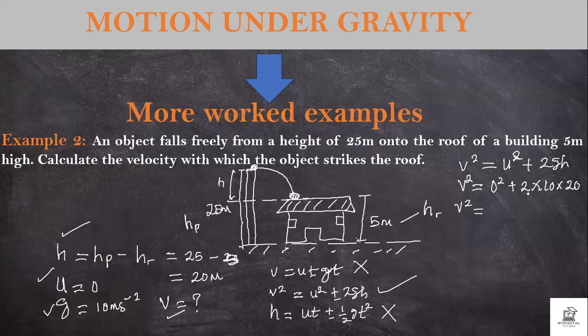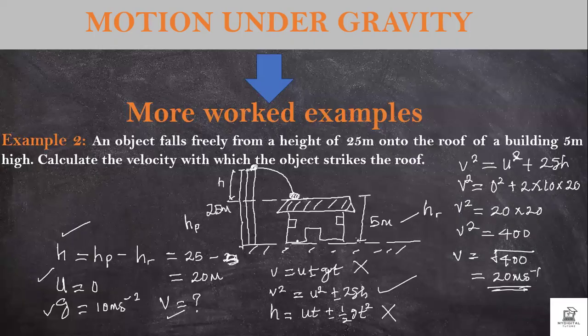So I have 2 times 10 times 20, which gives 400. So v squared is equal to 400, so v will be equal to the square root of 400. What is the square root of 400? That gives us 20 meters per second. So the velocity with which the object strikes the roof is 20 meters per second. I hope you understood this.